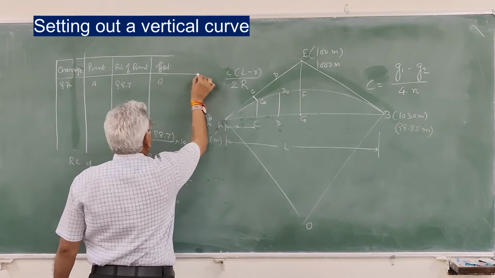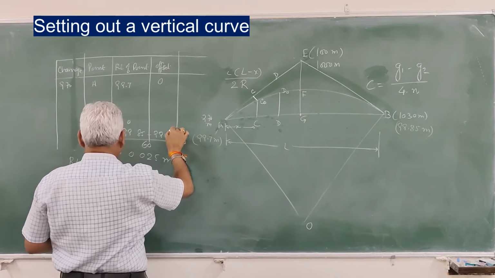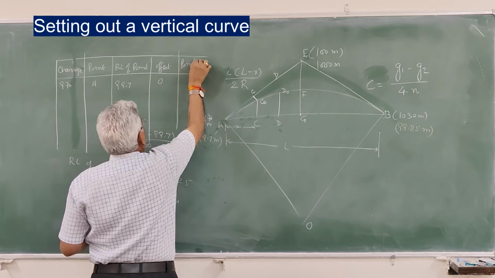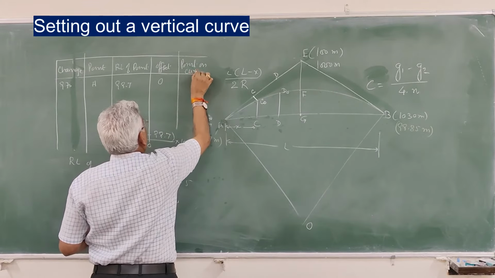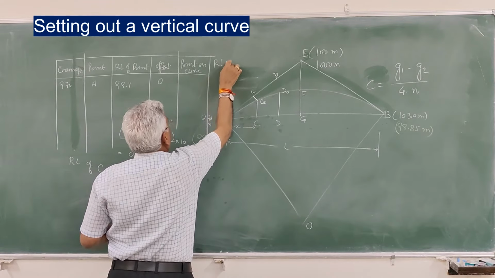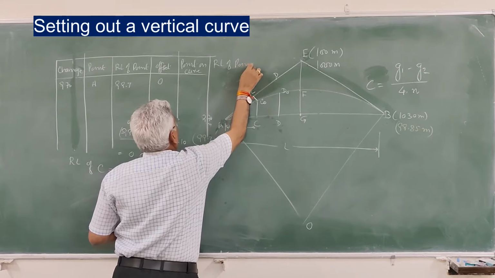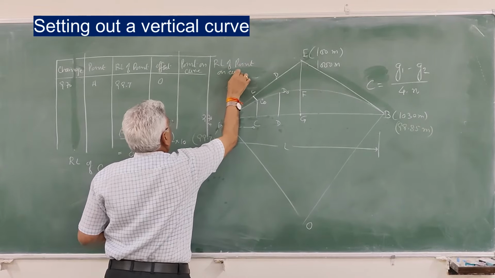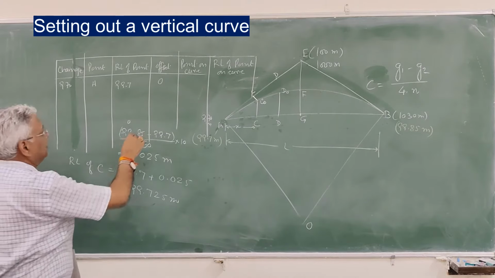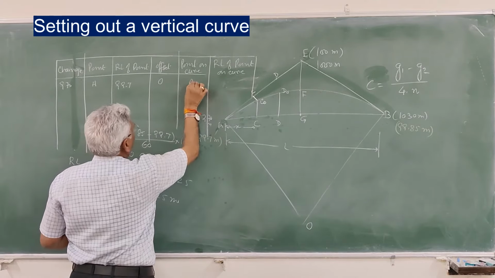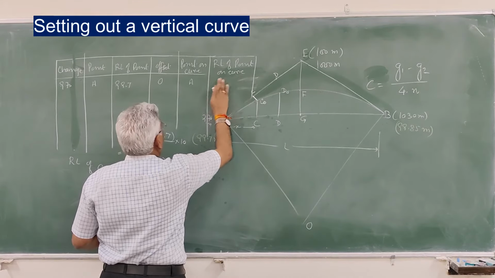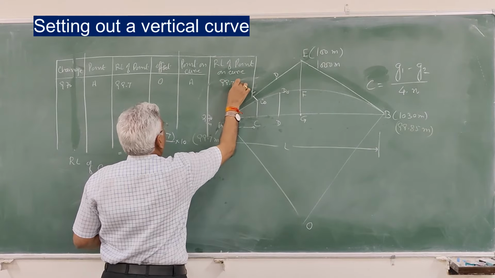In the next column you can write point on the curve, and RL of point on curve. This type of table will be helpful. So point on the curve is A itself, and its RL remains the same because there is no offset. This is the starting point, 99.7 meter.